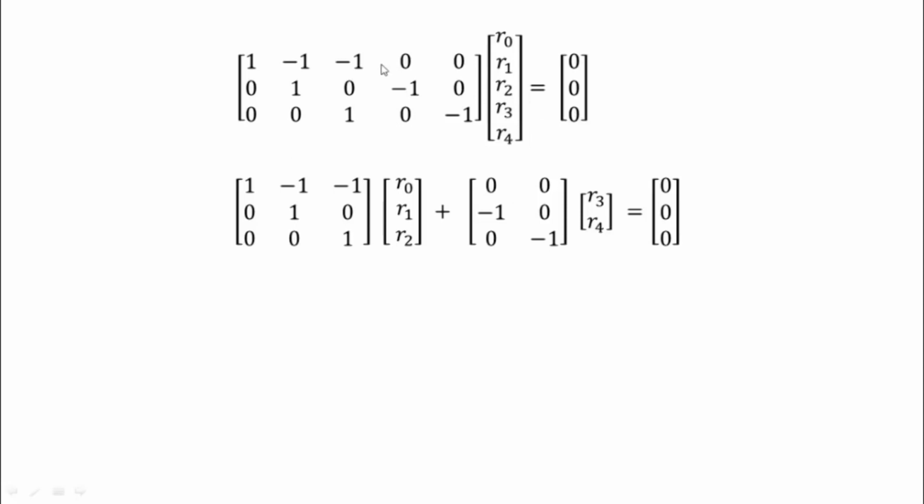That will essentially be the same as this. You can test it out. So minus 1, minus 1, minus 1, 0, 1, 0, 0, 0, 1. This corresponds to R0, R1, R2, so we have written that separately. And 0, 0, minus 1, 0, 0, 1. This corresponds to R3 and R4. And so we have written them separately, equal to 0, 0, 0.